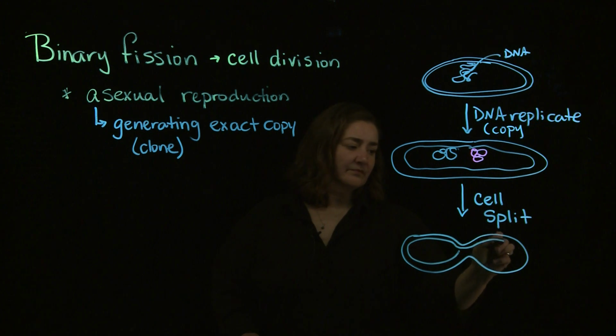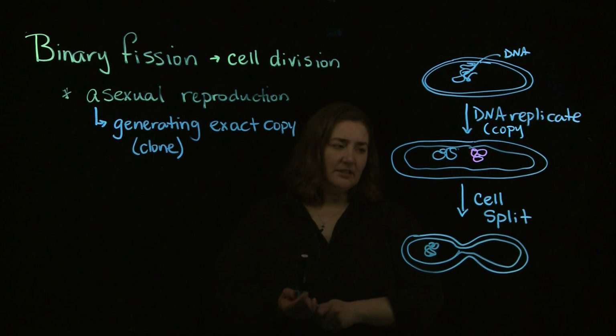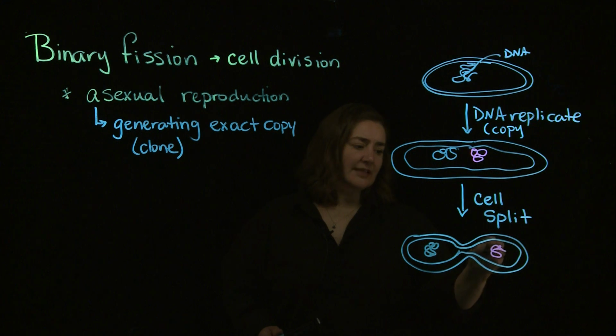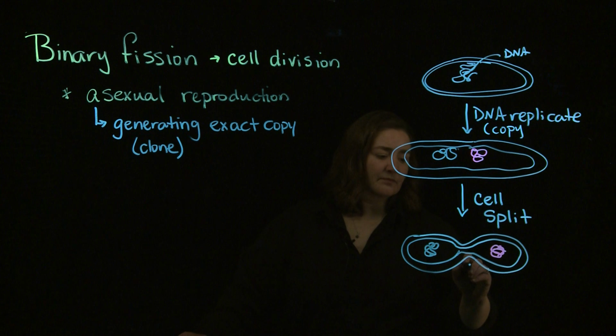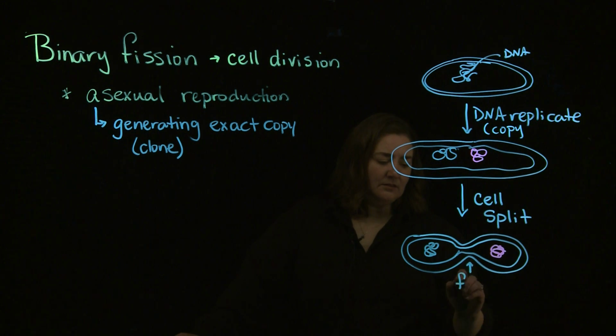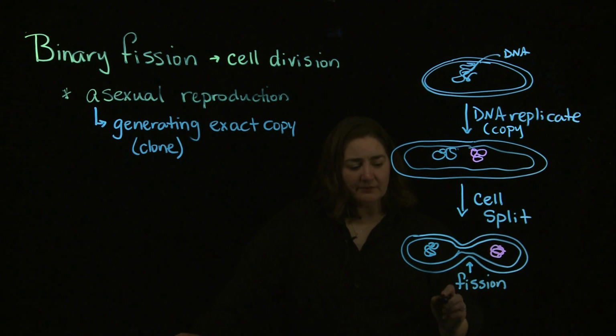Essentially what you've got is the cell wall there. We've got our DNA from our one cell. We've got our exact copy that's in pink in the other cell. This is the fission portion. You're dividing that cell wall and that cell membrane.